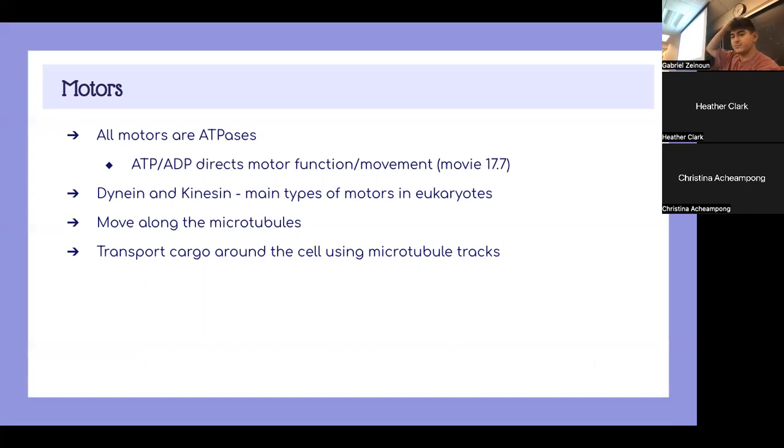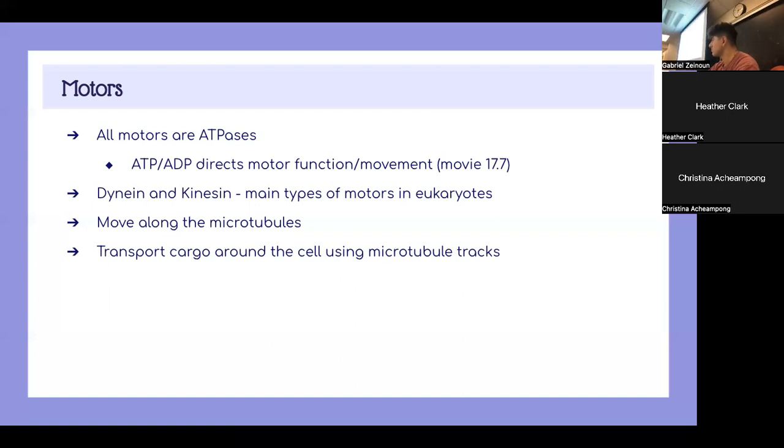Yeah, what's your question? I was a little bit confused because I watched movie 17.27 and it talked about the motor head with ADP binding, then ADP dissociating, and ATP binding, and then this positive to negative catalytic step.